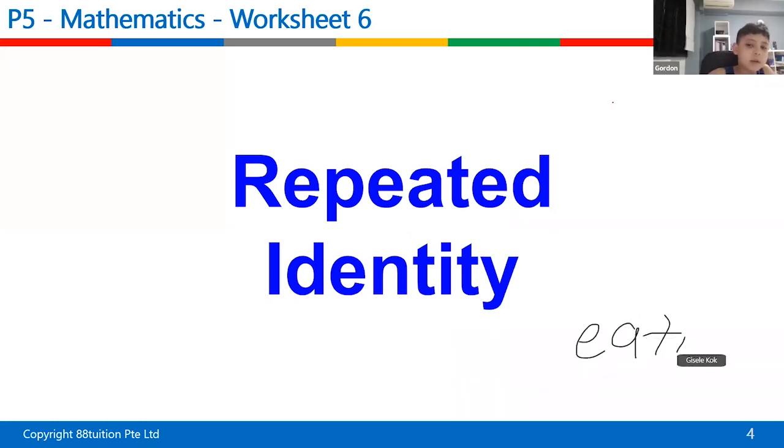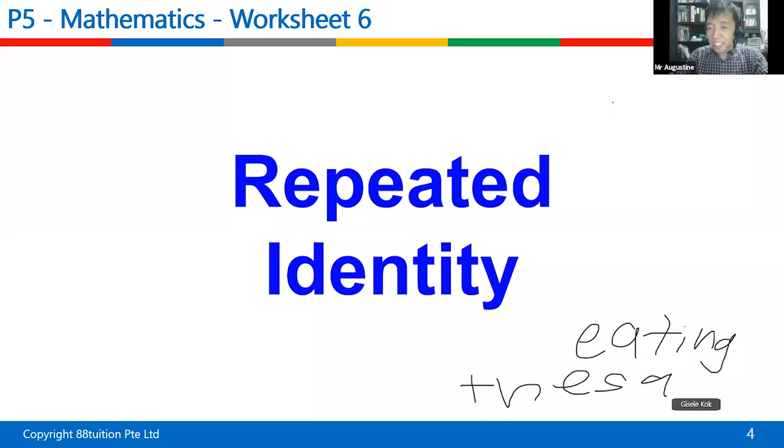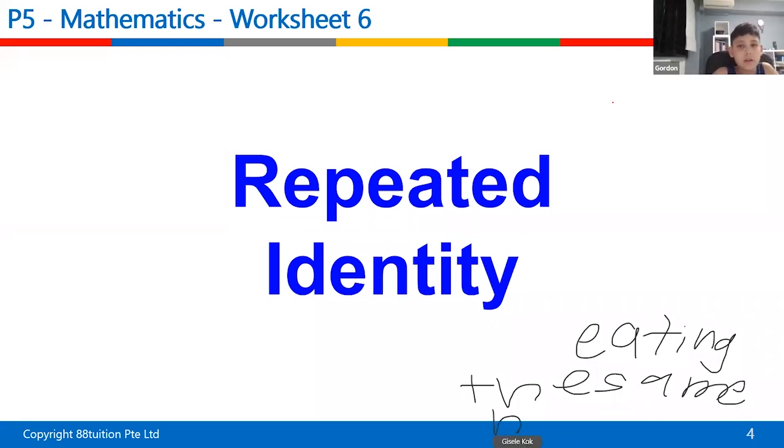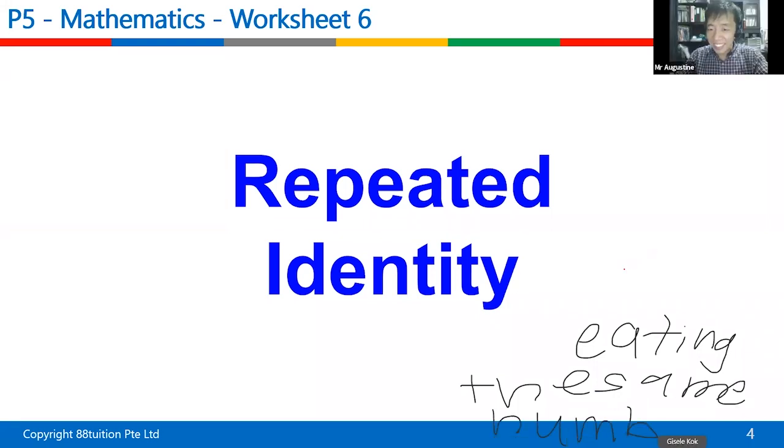Yes. Numbers. Yeah, numbers. Oh, Gordon, yes, please, Gordon. Numbers, yeah. Okay. Repeating the same numbers? Oh, that's Giselle saying. Oh, repeating the same numbers.